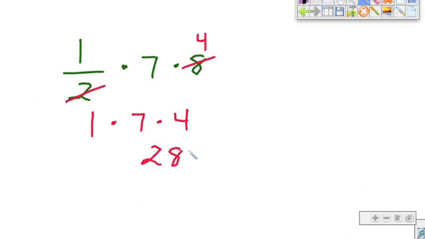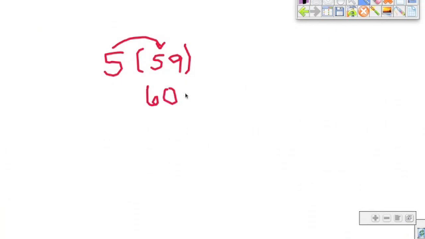All right, now the next property we have is going to be the distributive property. Distributive property looks like this. If we have 5 times 59, I'm going to distribute this 5 into the parentheses. Now, I could rewrite this as 60 take away 1, if you want to do it something like this.